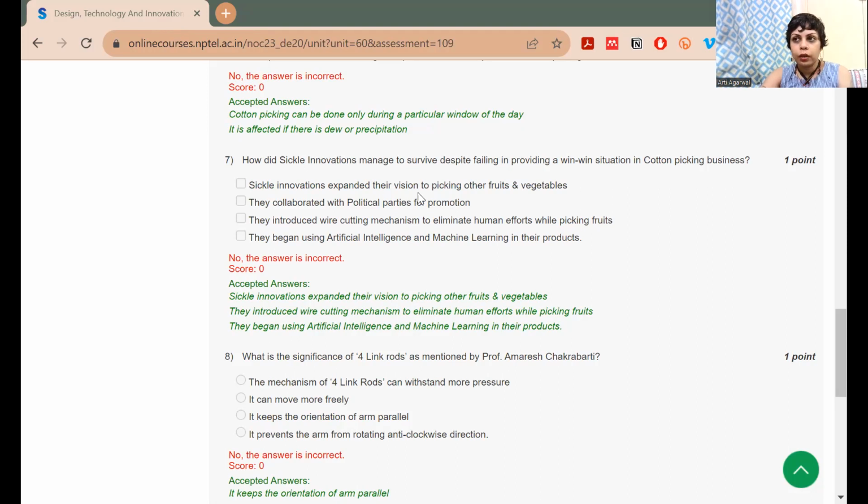So they were launching the product for use by the farmer, but the benefit of using the product was not accruing to the farmer. So that is the reason why, at least in that cotton picking business, it was not a success.